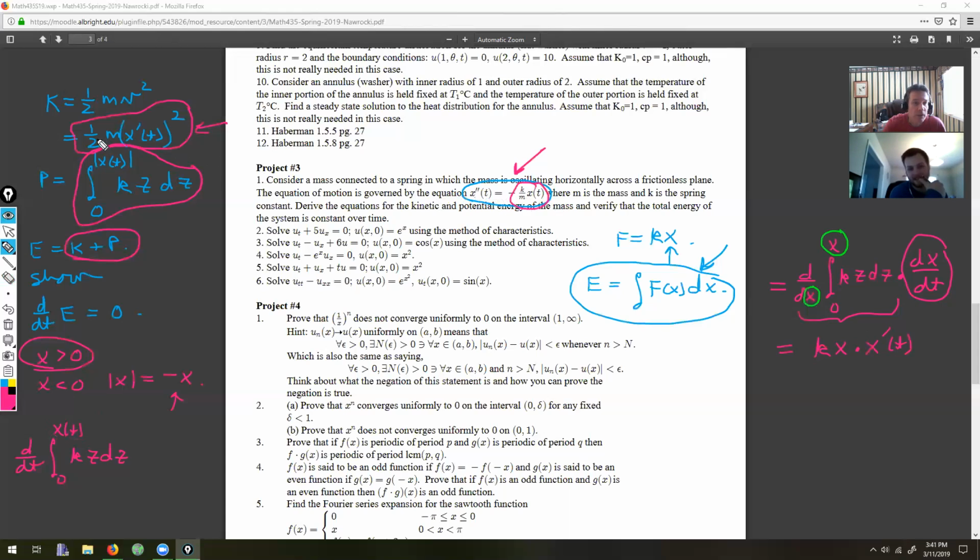The k right here is going to have an x prime in it, and these two terms, the k and the p, will cancel each other. You also have to remember to employ this equation here, and things will cancel very nicely. That's easy enough.